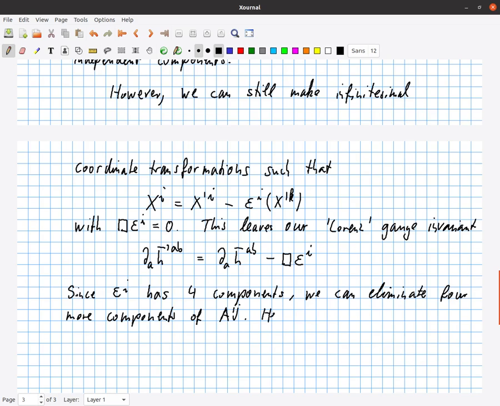Hence, A_ij has only 2 independent physical degrees of freedom.